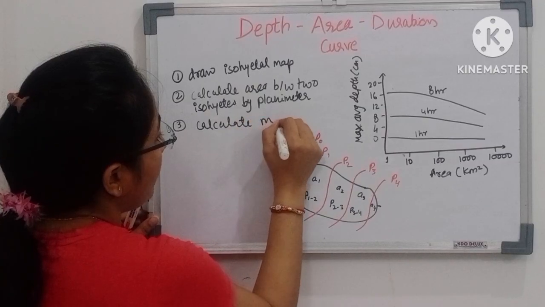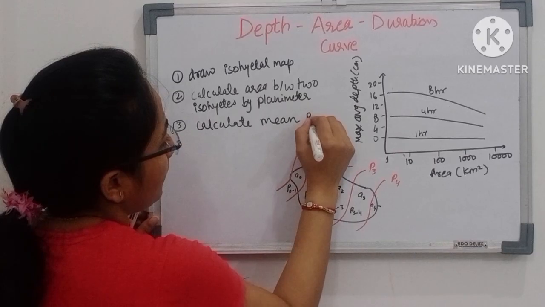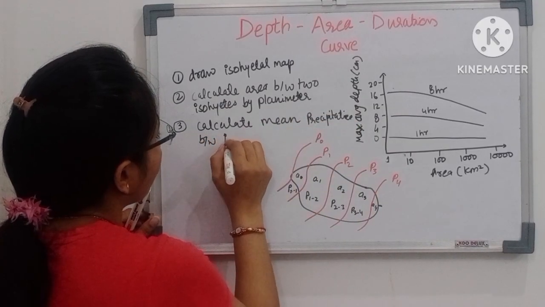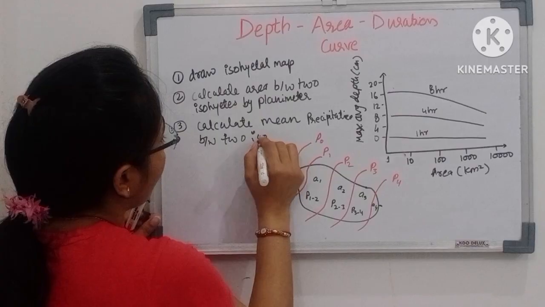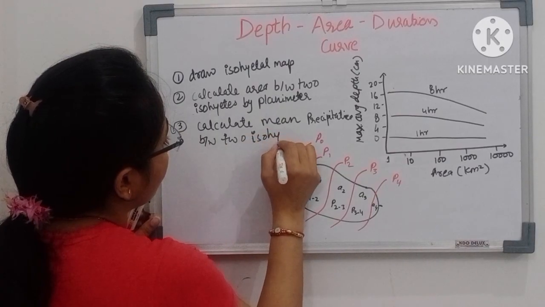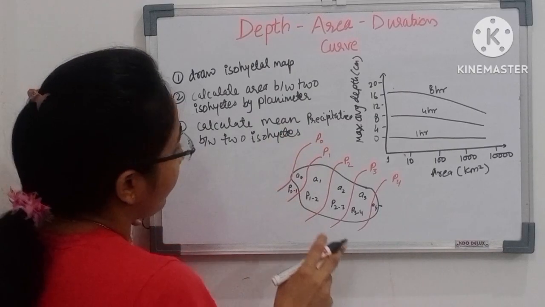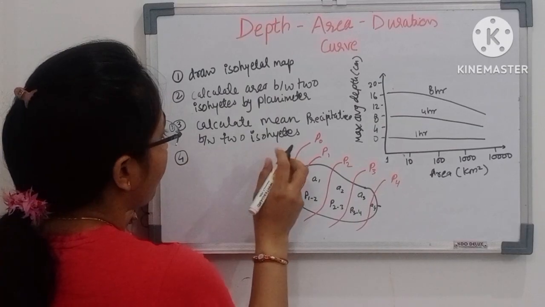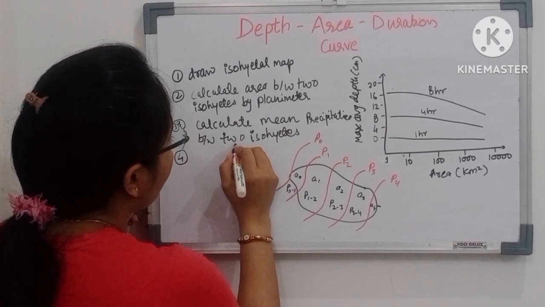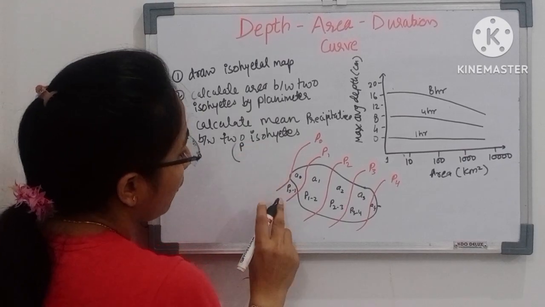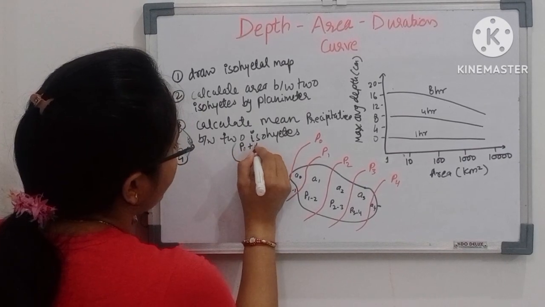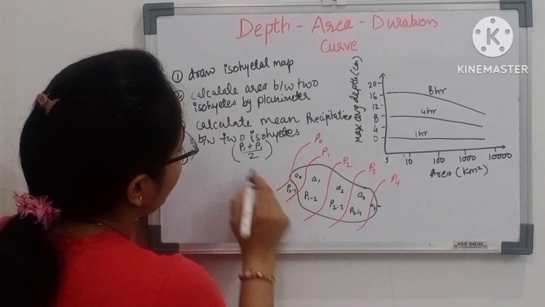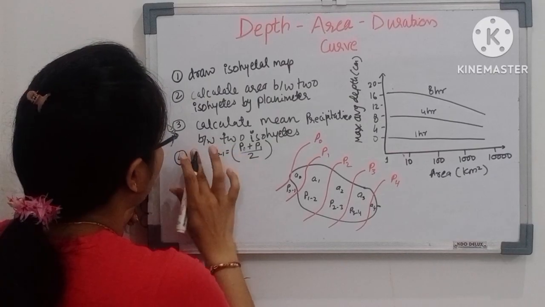The mean precipitation is calculated like this: P0 plus precipitation at isohyet 1, divided by 2, like P01 is equal to that.